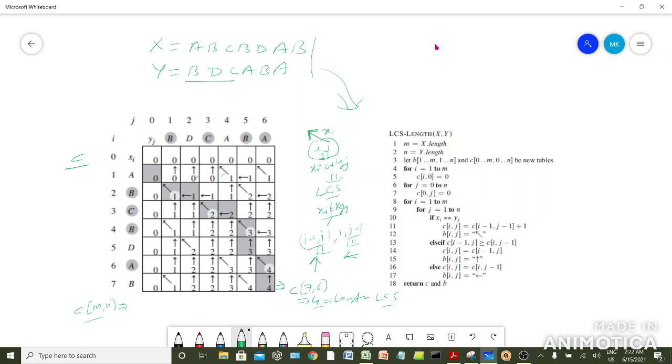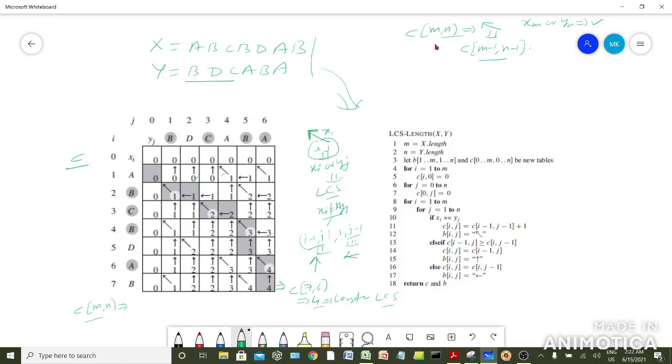If the arrow contained by C of M and N is diagonal, it means x of M, or you can say y of N, was chosen. Print it. If this is the case, then the next block to be followed is C of M minus 1 and N minus 1.